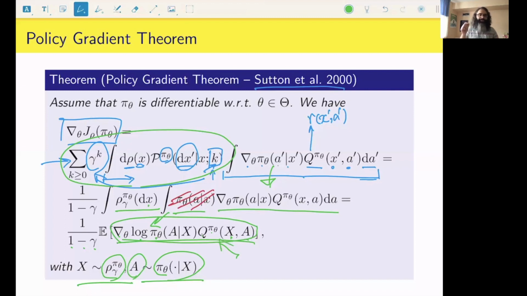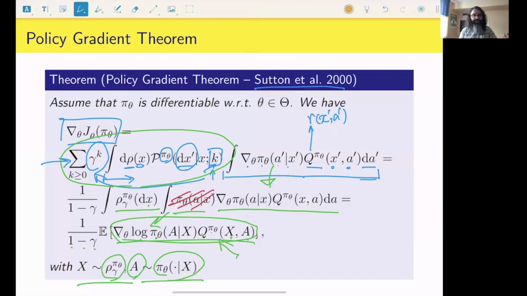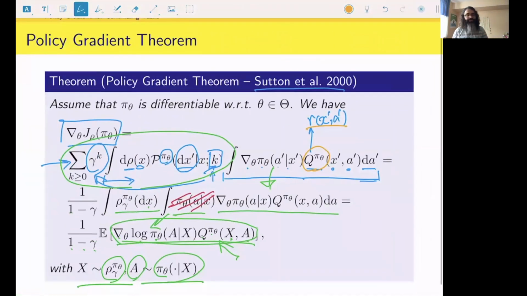One sample of it would be one unbiased sample of the policy gradient. Just one thing: in the immediate reward case, instead of q of pi theta, we had the reward. So instead, by having q, we are considering the influence of future rewards in our computation. Okay, so is this good?